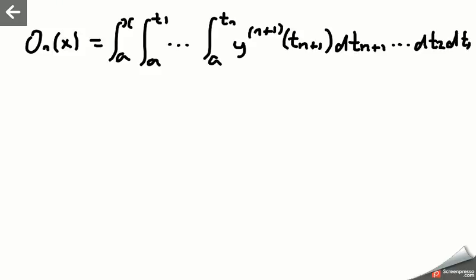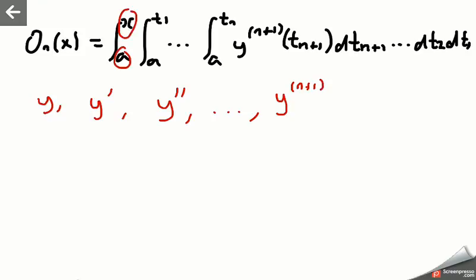Okay, now I want to suppose that y prime, y double prime, all the way down to y differentiated n plus 1 times, along the interval from a to x, all of these functions are less than or equal to the number k.